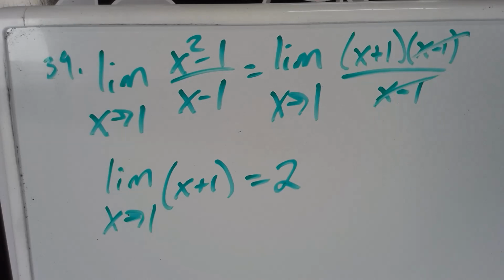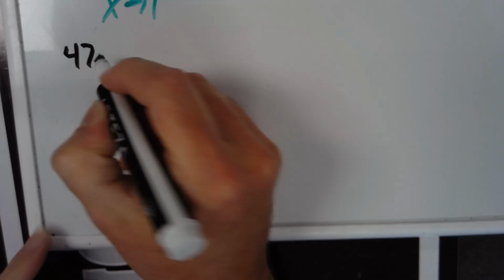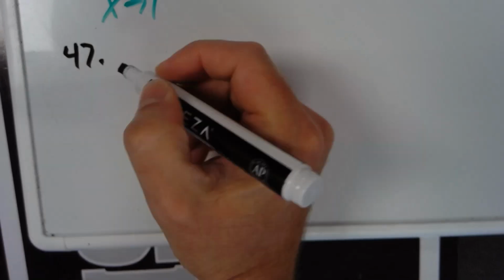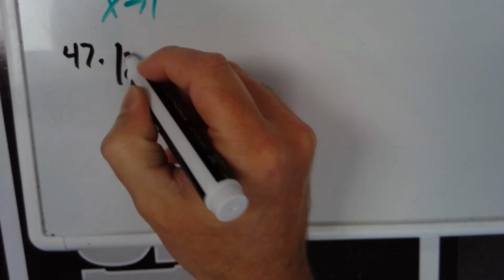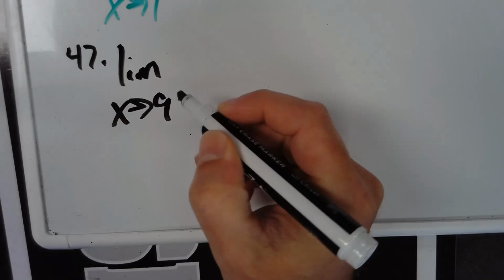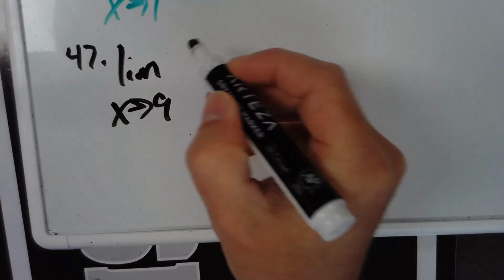So I think the next one we should look at is 47. I don't want to take your phone away. And totally, while you're learning this, it's legitimate to type this in your calculator and take a look at it and make sure you're thinking straight.